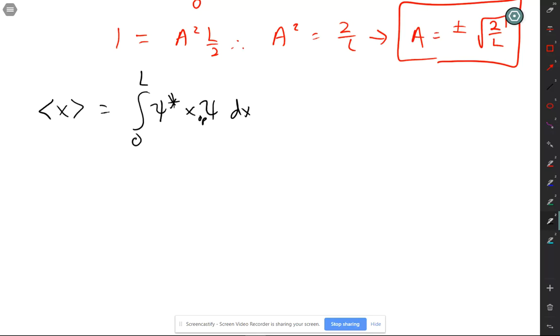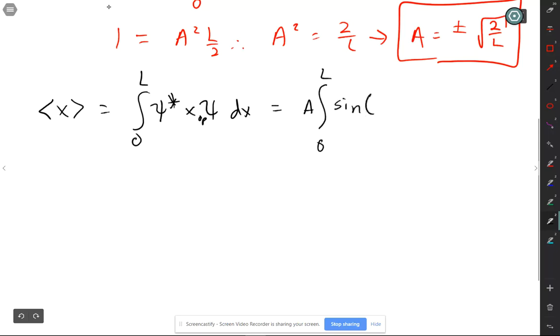You should have the x operator between psi star and psi. If the function is a function of the operator, then you'll get your eigenvalue that you can move around. It's called the eigenvalue. But you should start this way.